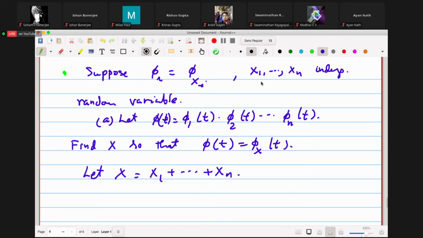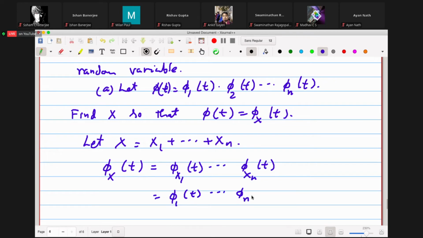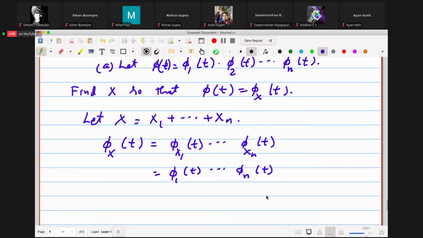In fact, we are not even told whether they are discrete or continuous random variables, but it doesn't matter because independence guarantees that phi of x of t is equal to, by independence, phi x1(t) up to phi xn(t), which is phi1(t) up to phi n(t) in view of independence.